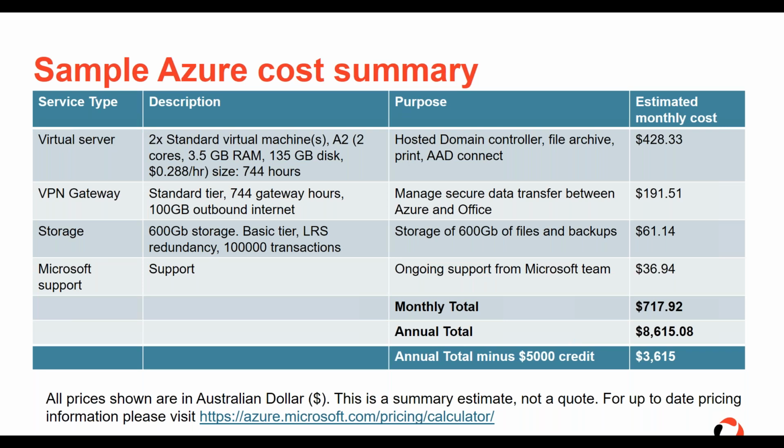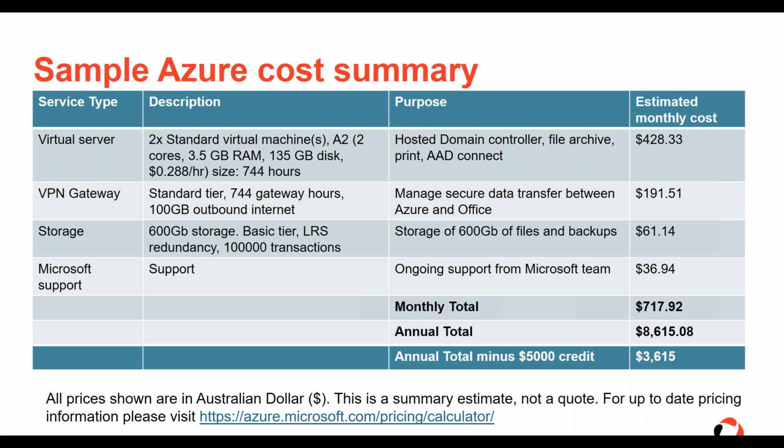And they said, okay, based on that, we think it needs 2 cores, 3.5 gig of RAM, 135 gig of disk, etc. And that is an A2 server on Azure. So they logged into Azure and purchased two A2 servers. And that $428 a month was the cost of running 2 servers in Azure.